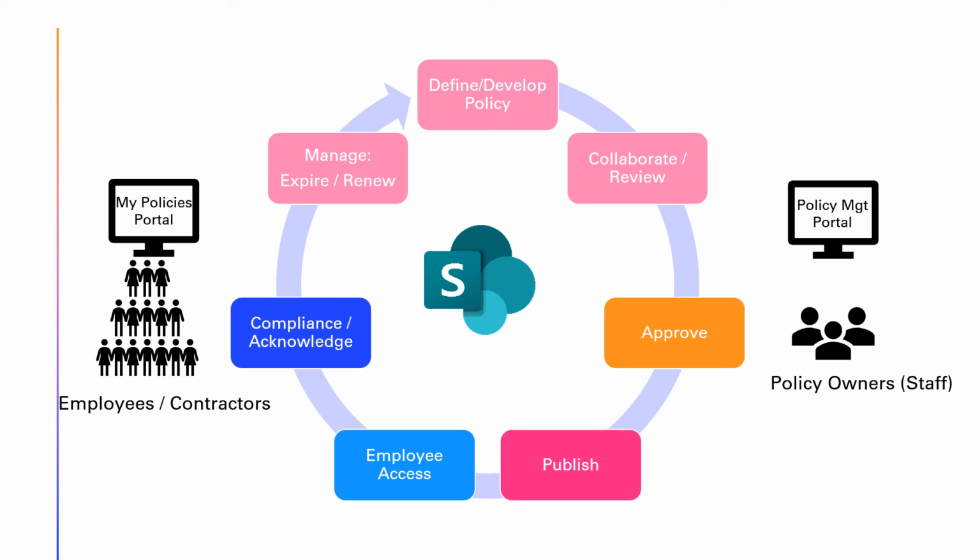And so all of this was done in the policy management portal in SharePoint, and there was a library set up for policy development. And this is where all the policy source is. Once you're ready to publish, you can set up a flow, or you can just pick it up and move it yourself to another library, which we will call our published policies library. And you probably want to save it as a PDF.